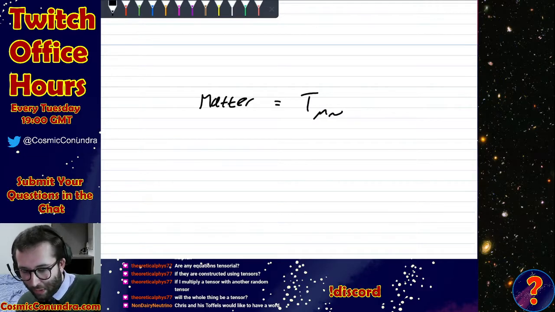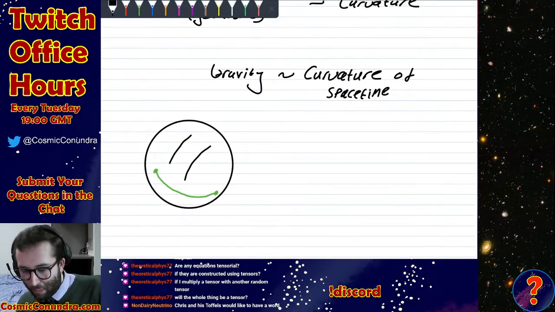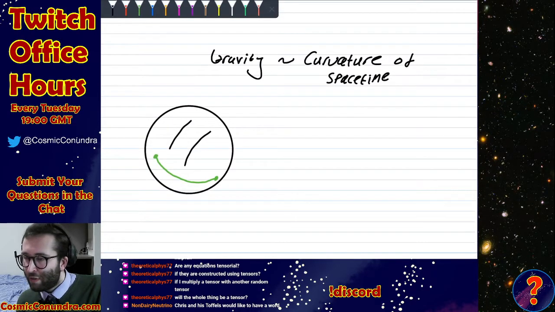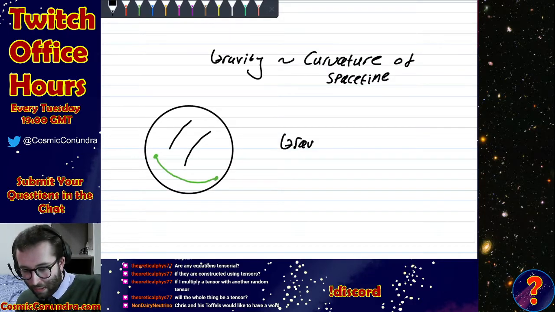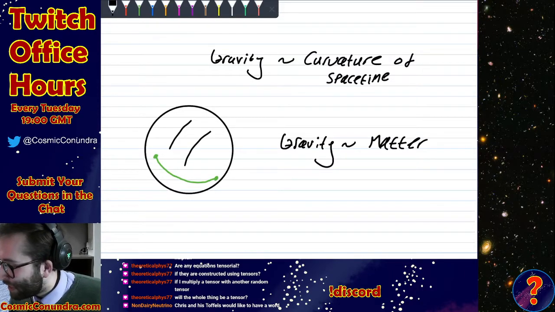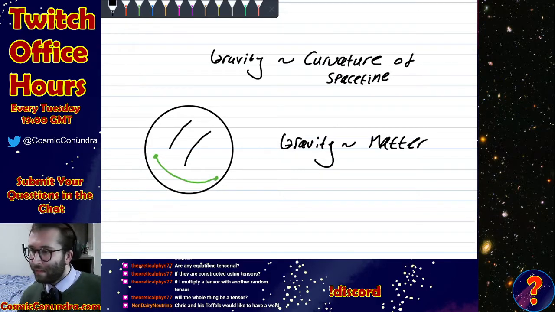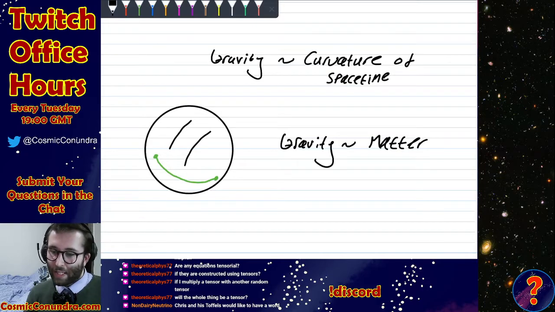What else do we have? Well, there's another quite important thing I didn't write here, which is that we expect from Newtonian gravity that gravity should depend on your matter distribution. So where you have matter, you should have gravity. Where you have gravity, your matter will move in that gravity. But where you have matter, you have gravity is the important part.